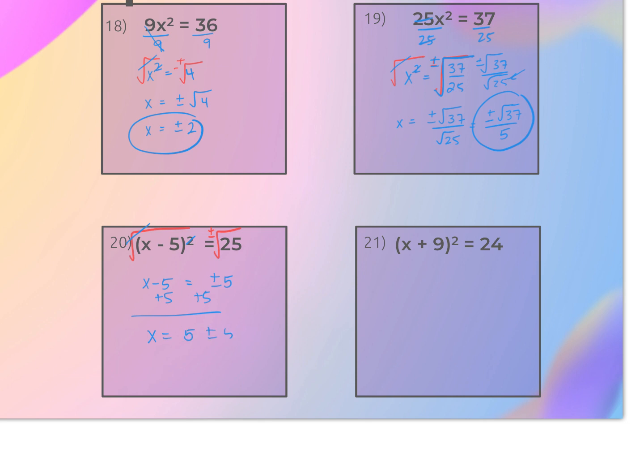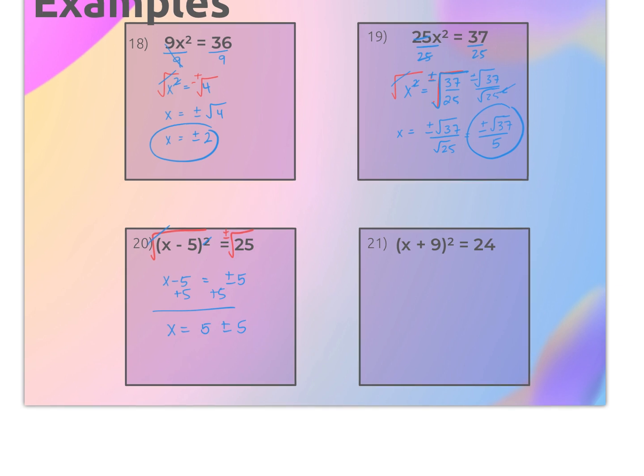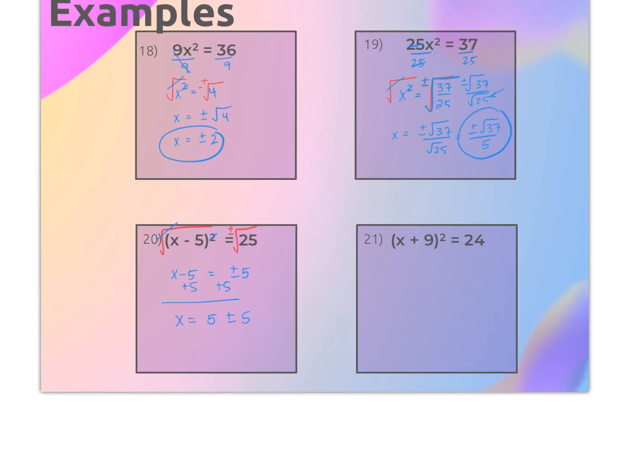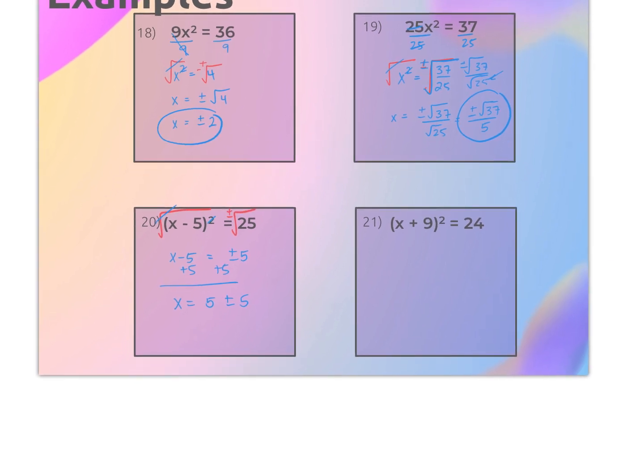So 5 plus or minus 5. Now here, notice that I don't need a calculator for this, and so I can solve this. I can actually do the math out here, right? So I've got 5 plus 5, which is 10, and I've got 5 minus 5, which equals 0. So here are my two solutions, x equals 10 and x equals 0.